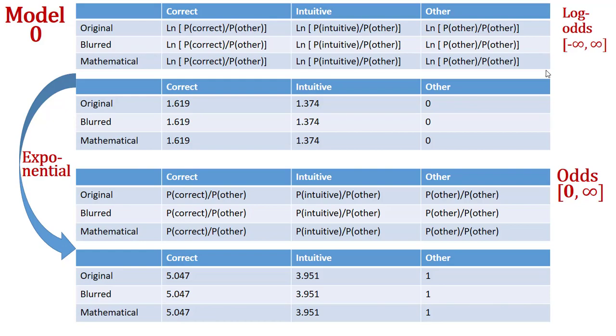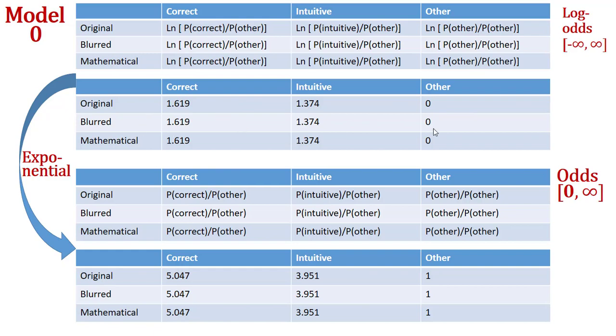So basically, what do these 1.619 and 1.374 mean? They mean that our prediction for the original, for the blurred, and for the mathematical would be the same, because in model 0 we are claiming that the type of problem doesn't have any effect on the type of response.